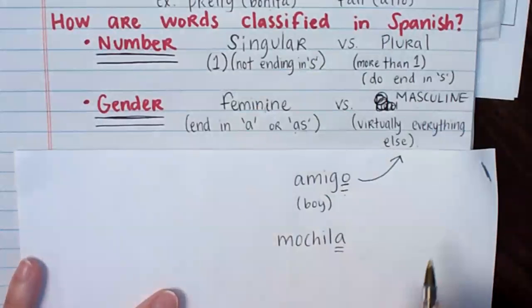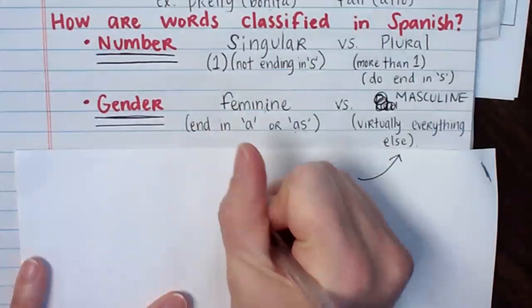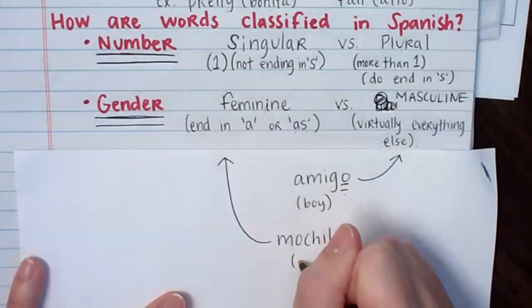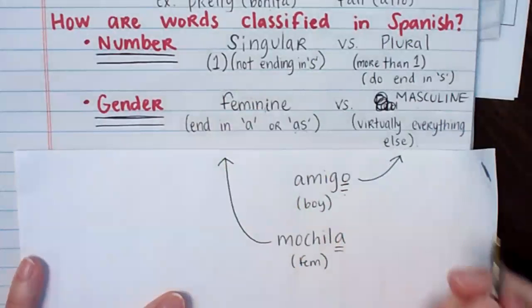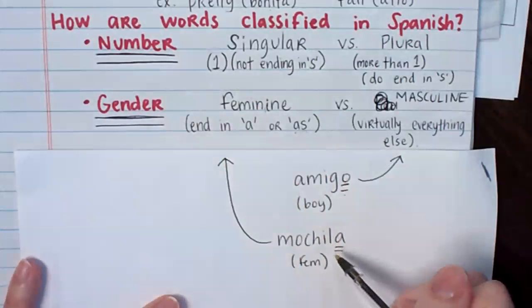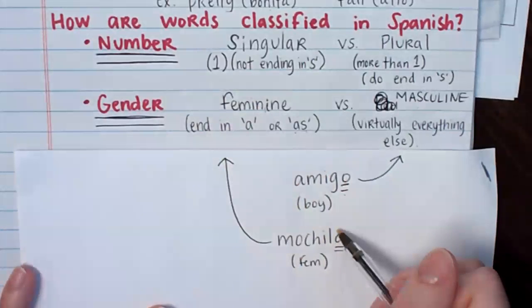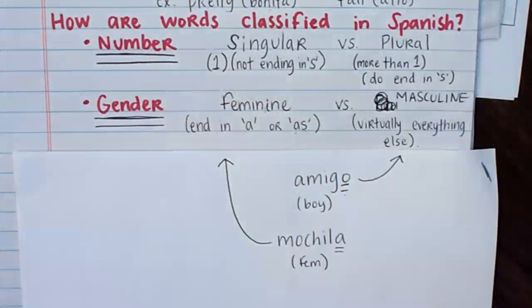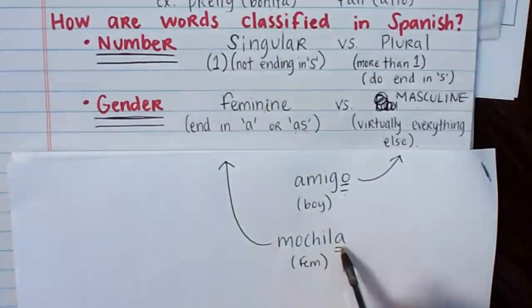Ends with an A, so it will be feminine. And you notice this has nothing to do with the backpack being girly or just for girls. It just has to do with the spelling of the word.